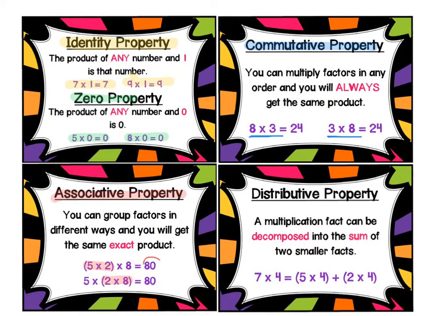I'm still going to get the same product, 80, both times. It doesn't matter which factors associate with who, 5 times 2 first or 2 times 8. As long as I'm multiplying all 3 factors, I'm going to get the exact same answer.